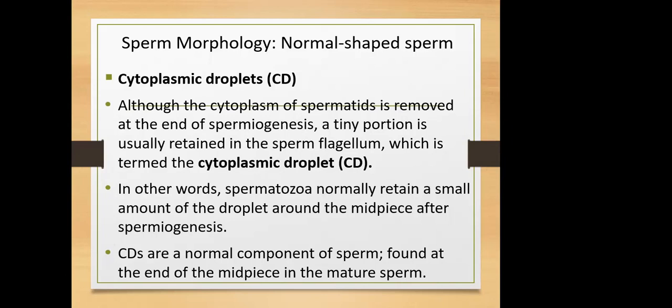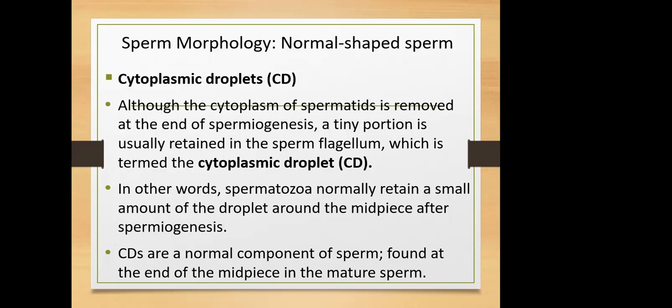What we are saying is that the residue that will come out, still there was something left, something small will be left. And that something that will be left will form like a residue around the neck area. Okay, around the neck area. And that one is normal. And that is what is termed as cytoplasmic droplet.